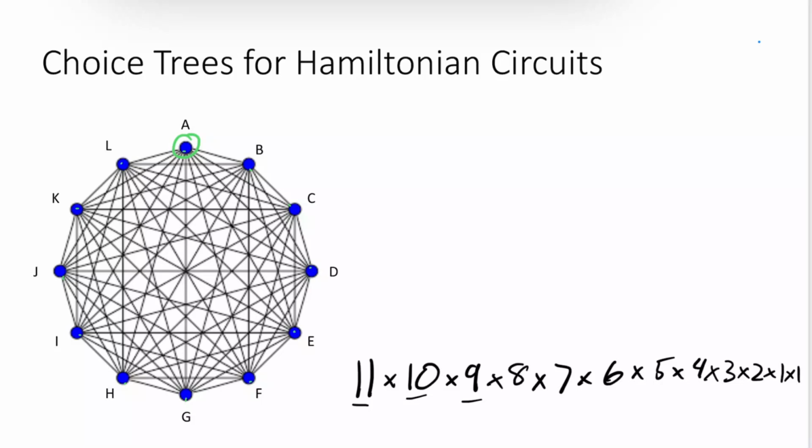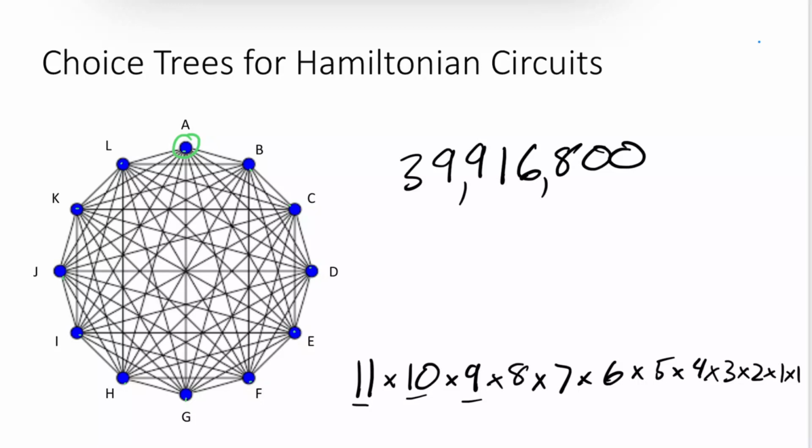And so to figure out the number of Hamiltonian circuits, you would figure out what 11 times 10 times 9 times 8 times 7 times 6 times 5 times 4 times 3 times 2 times 1 is. And when you calculate that out, the number that you actually get is 39,916,800.